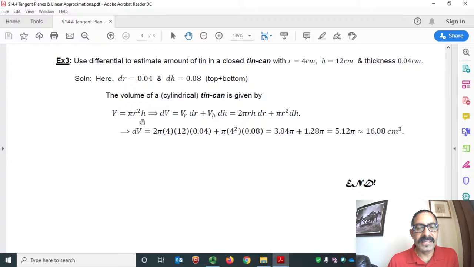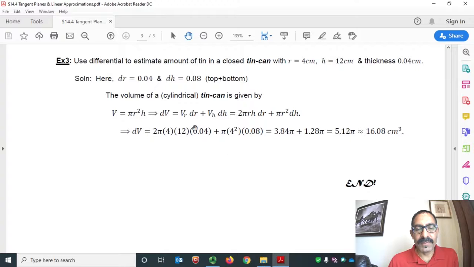So the left side is dV equals 2 pi, r is 4, h is 12, dr is 0.04, plus pi, r squared is 4 squared, and dh is 0.08.